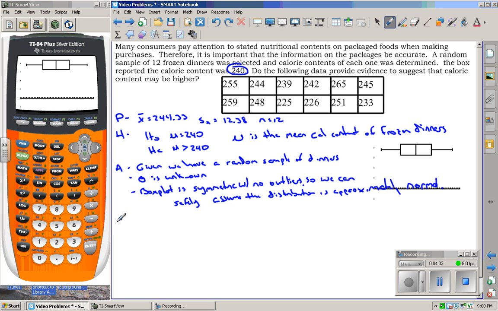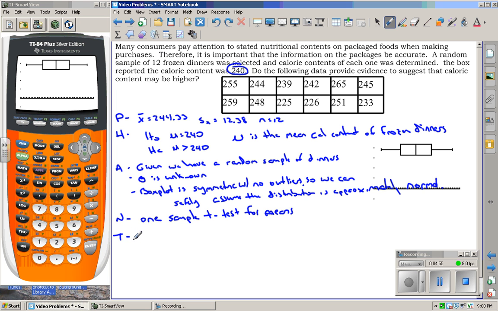Okay, so then next up, based on our assumptions, we can name the test. We're going to use a one sample t-test for means. Right. Now we can obtain our test statistic.